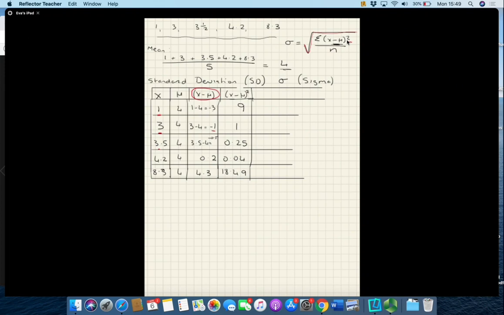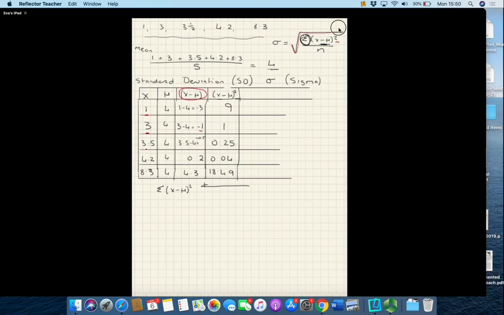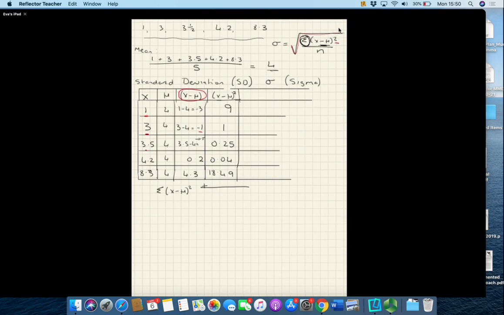Okay, but before we do that, we're told to sum them all up. Okay, so now we need to get the sum of x minus mu squared. So that is literally all the ones in this column. So 9 plus 1 plus 0.25 plus 0.04 plus 18.49.